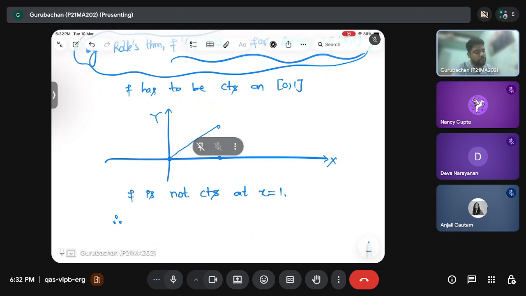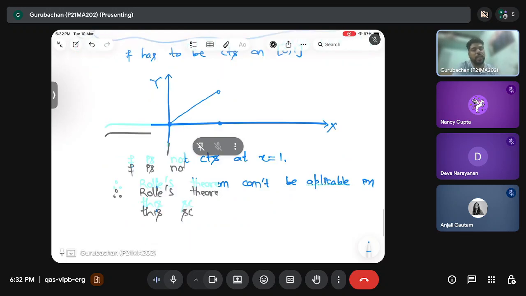Therefore, Rolle's theorem can't be applicable in this scenario.